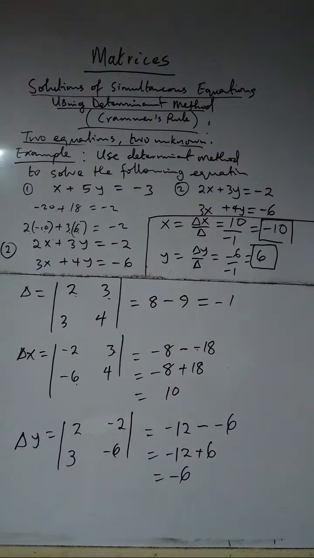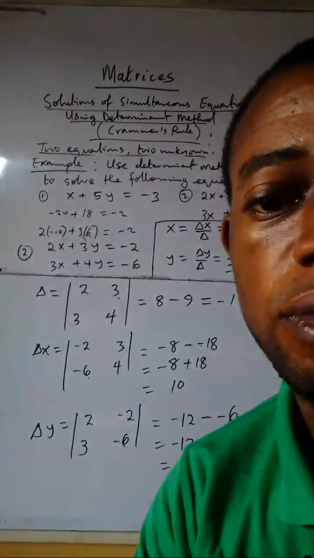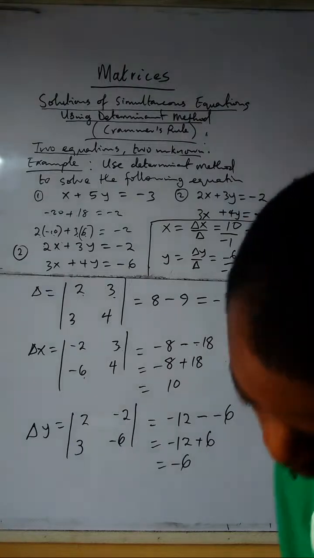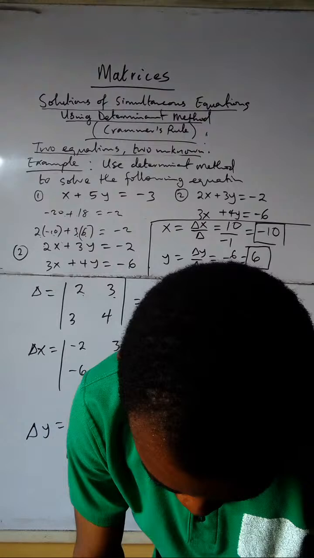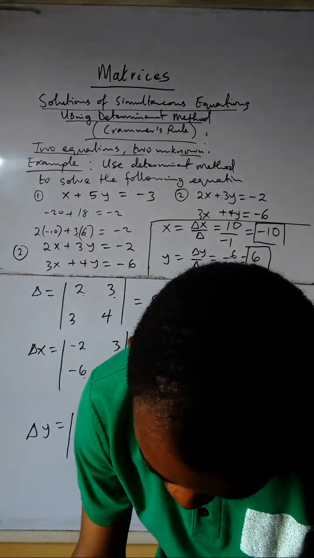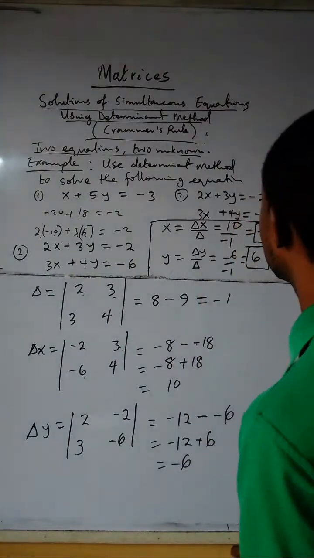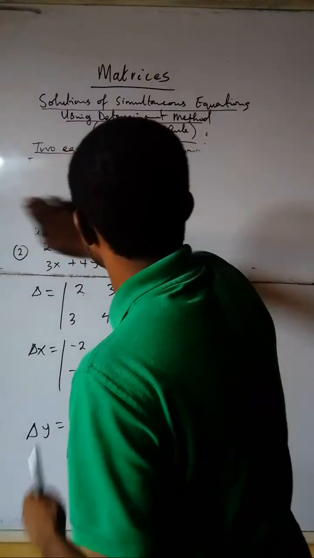Now, let's look at some other interesting questions from here. Let me write out some for us to try out. So we can use the determinant method to try this question on our own.